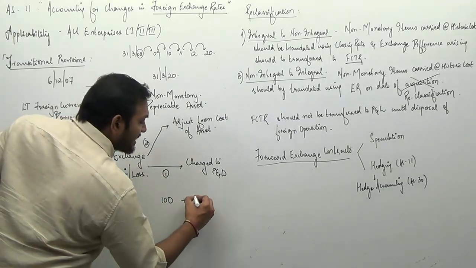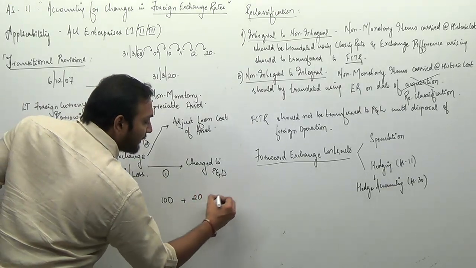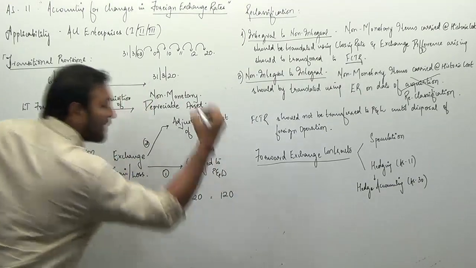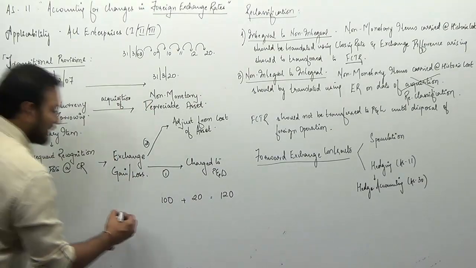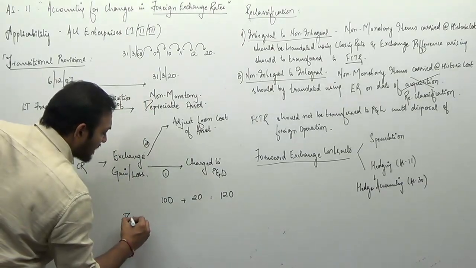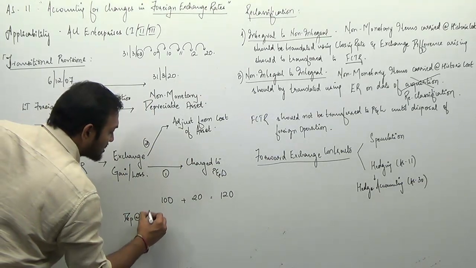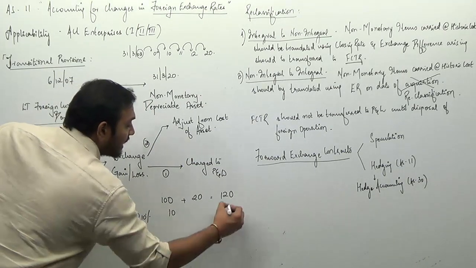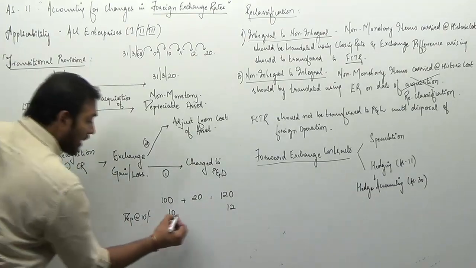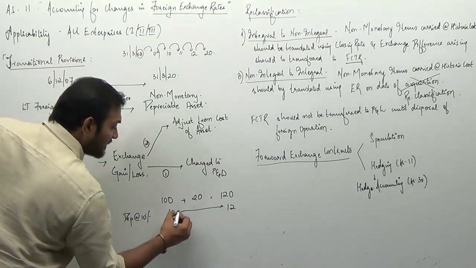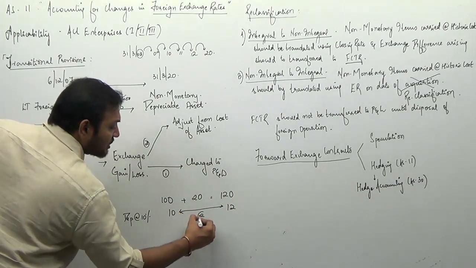Let's say the exchange loss was 20 and now my cost of the asset is 120. Let's say the depreciation was at the rate of 10% per annum on straight line basis, earlier it was 10, now the depreciation will be charged as 12. Have you observed that there is an increase in the depreciation to the extent of 2 rupees?